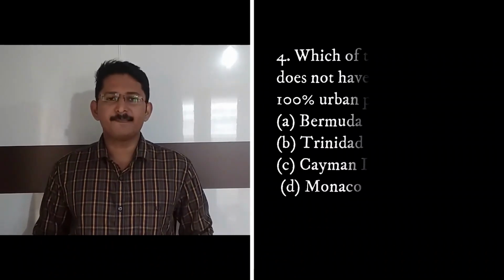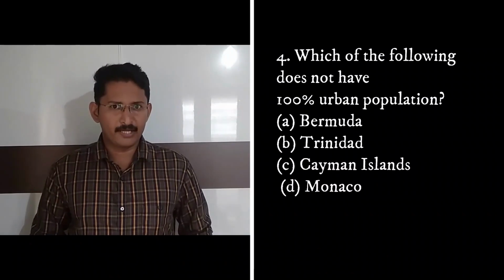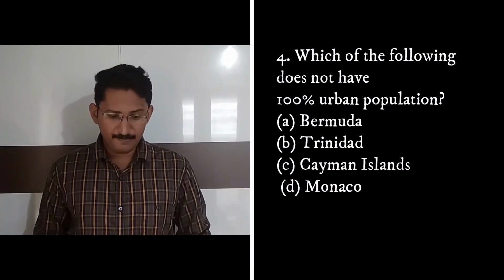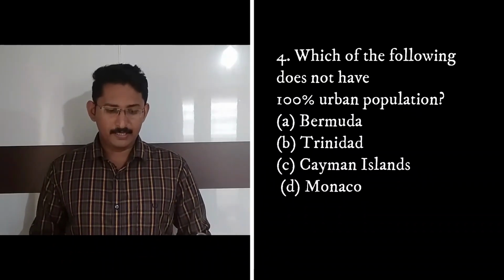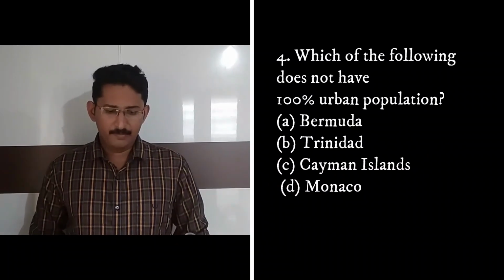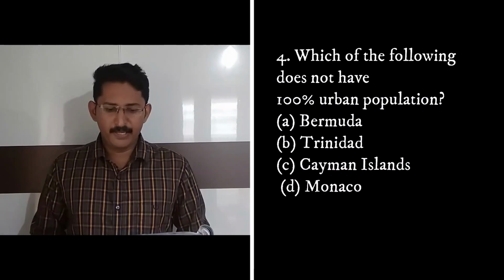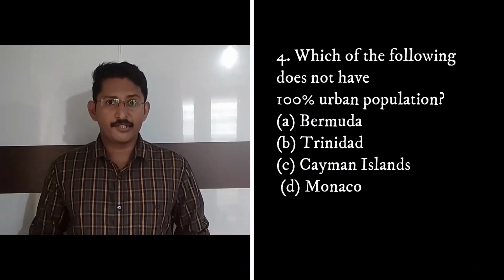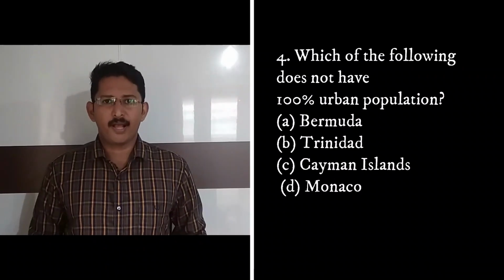Coming to the fourth question. Which of the following does not have 100% urban population? So what are the options? We have four options: option A, Bermuda, option B, Trinidad, option C, Cayman Islands, and finally option D, Monaco.